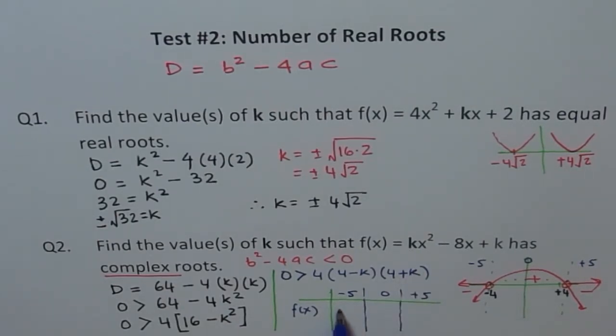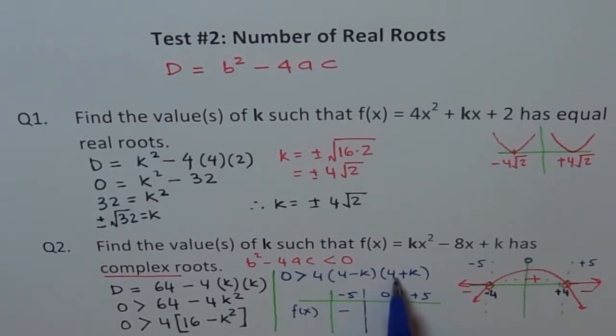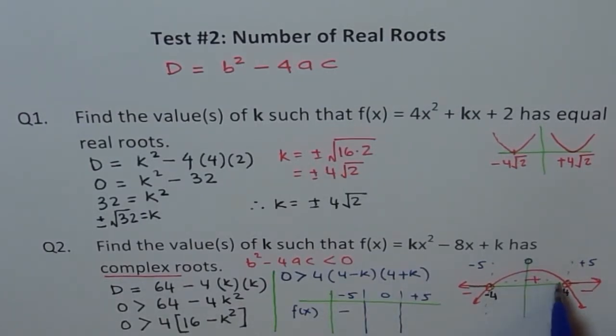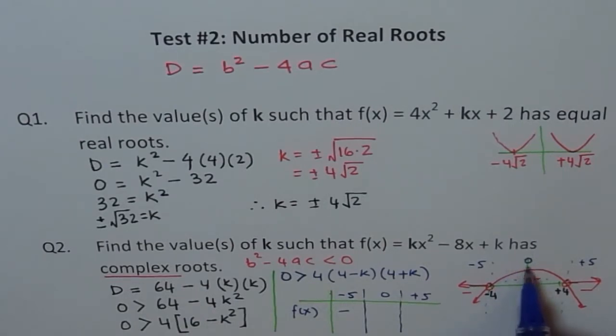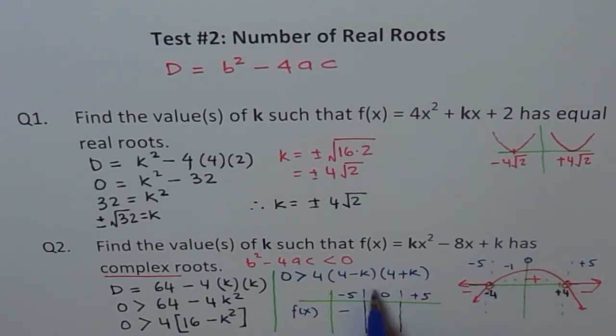So we get a negative number here, right? That is what I'm trying to say. If I put this k as 0, well, 0 means 4 times 4, 16. Let me try another number in between. Let's say minus 1, okay? So if I put this as minus 1, then 4 minus 1 makes 4 plus 1, right?